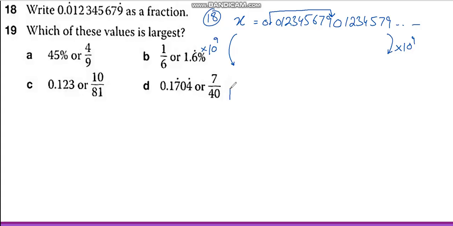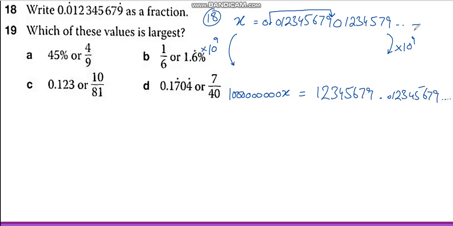I get 1000 million x on the left side. And on the right side, I will get 1234567.01234567, and this number is being repeated, so I will put dots.